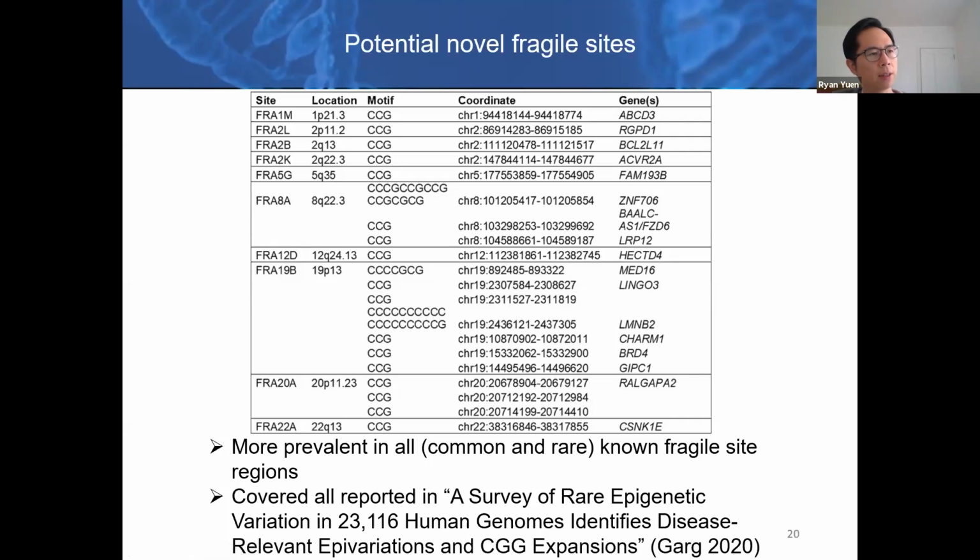So again, it emphasizes the importance of looking at tandem repeats, and that even using different methods could potentially arrive at the same conclusion, where either expansion or methylation of these regions could potentially be fragile sites.